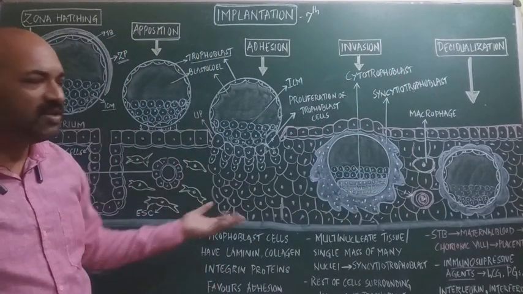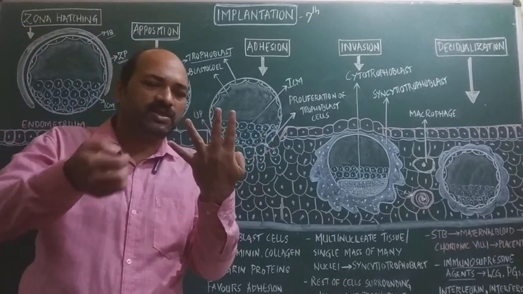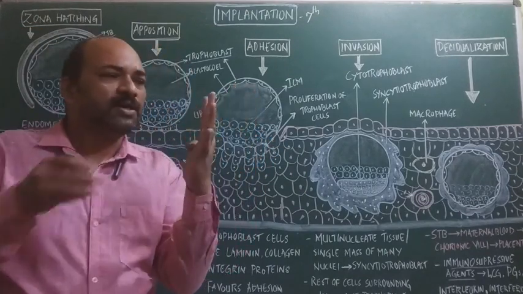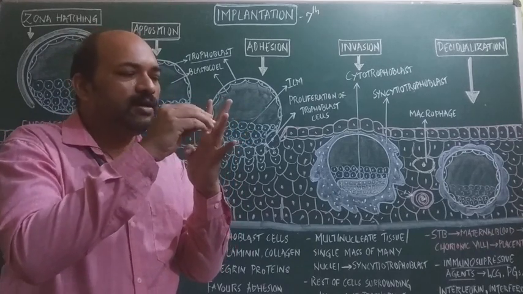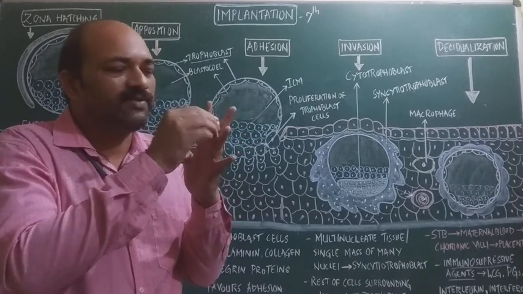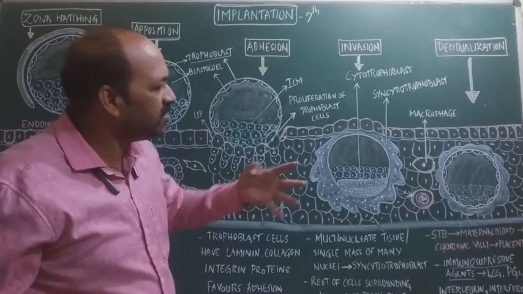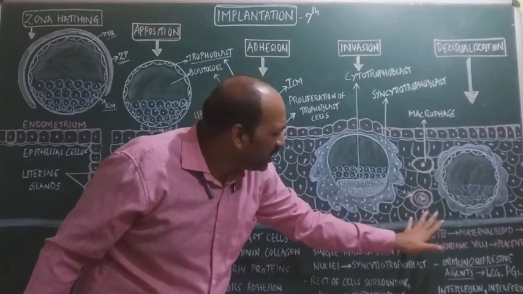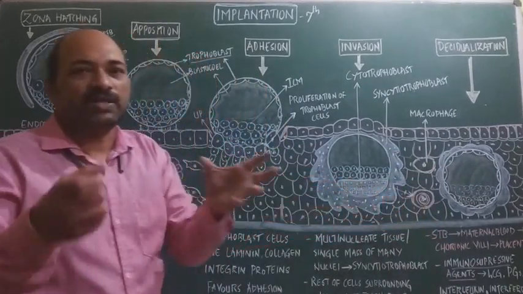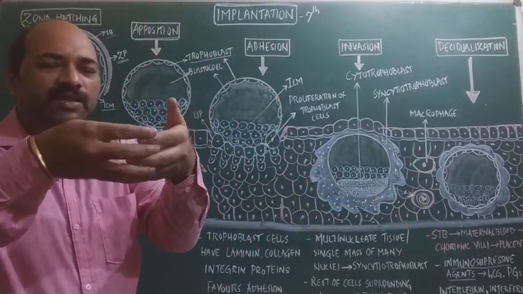Further what happens, once the villi are formed, inside the cytotrophoblast cells the fetal embryonic artery starts developing. So these embryonic arteries now come in contact with the maternal blood vessels. When the connection takes place, that results in the formation of the placenta.